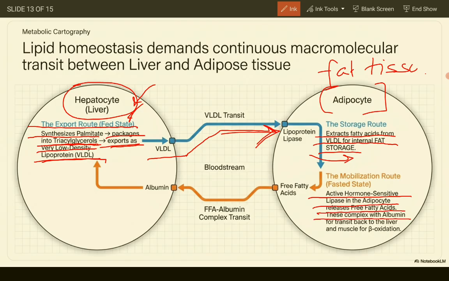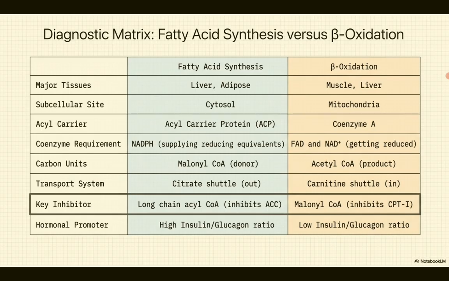These complex with albumin for transit back to the liver and muscle for beta oxidation. So free fatty acids are produced in the adipocytes and they transit back to the hepatocyte by combining with a protein called albumin. So this is the whole process.